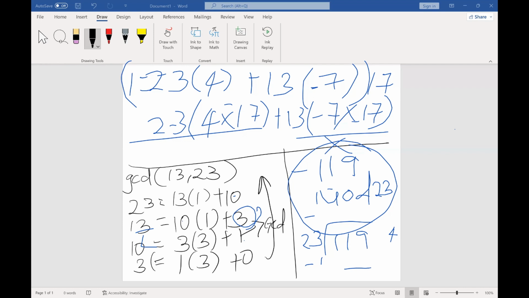It's always the remainder. So you can always prove, if you are right, that the answer is correct, by just multiplying x by 13, then dividing by 23 and seeing if your remainder is 17. You can always prove. Okay, so that is how we do question 2.